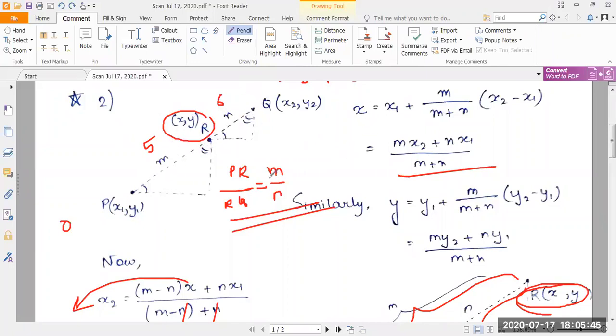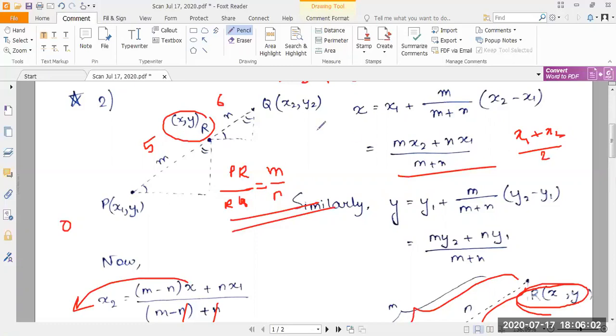In that case, we can replace m equal to n equal to 1. So for R being the midpoint of PQ, the abscissa of R would be (1·x2 + 1·x1)/(1 + 1). That would be (x1 + x2)/2.